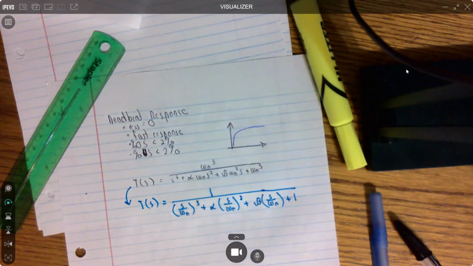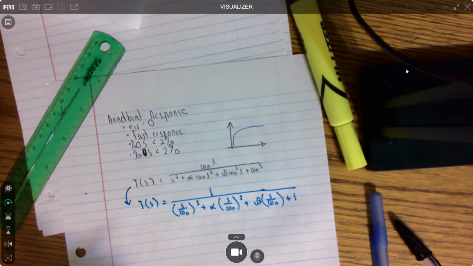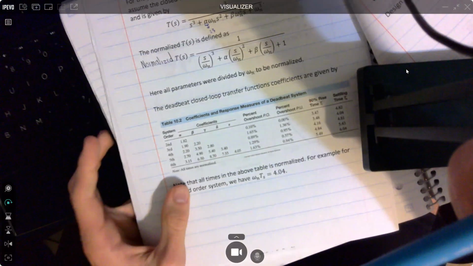And so if we normalize it, you're going to get a table. The table is going to tell you, based on the system that you have, what your coefficients are, if you have a normalized system. So you have to normalize your transfer function in order to use the deadbeat response. The table for the deadbeat response is given here. All these values are normalized.